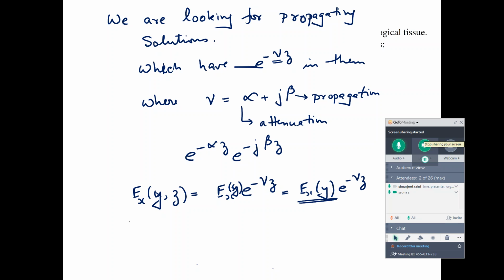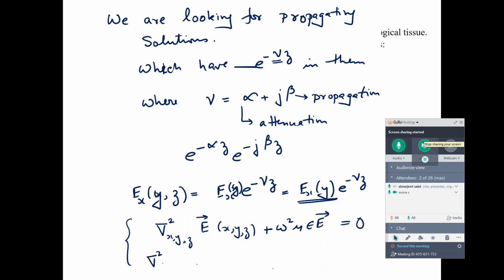Again, we have two equations we can use. These are the Helmholtz equations, which were del squared E(x, y, z) plus omega squared mu epsilon E equals 0, or del squared H(x, y, z) plus omega squared mu epsilon H is equal to 0.